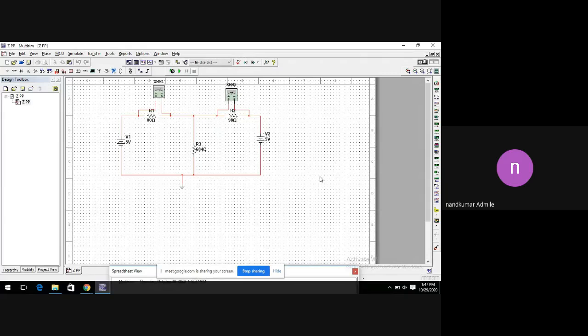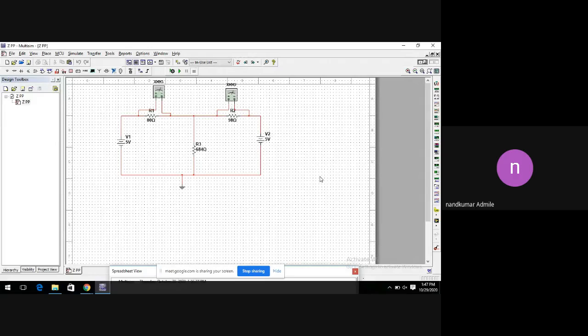Now we first calculate the value of I1. To calculate the values of current, we can use a multimeter, and on the multimeter we can display the values of I1 and I2 individually.